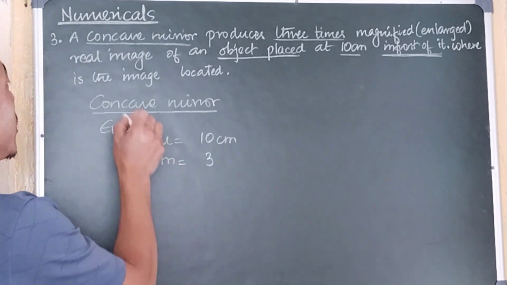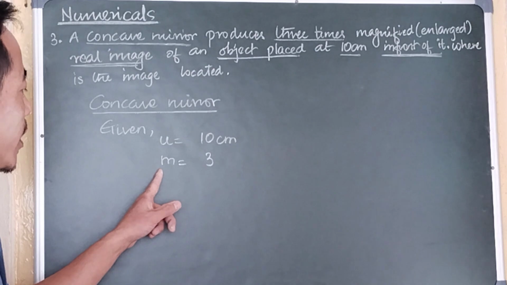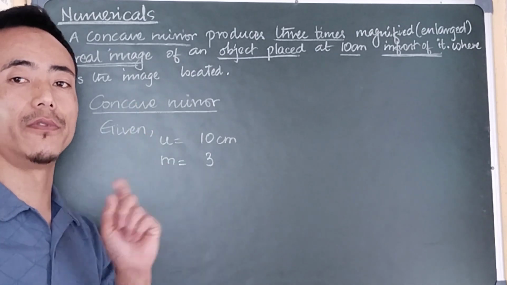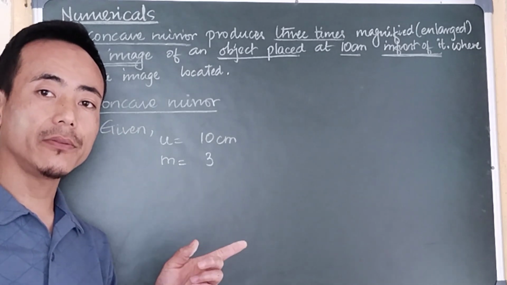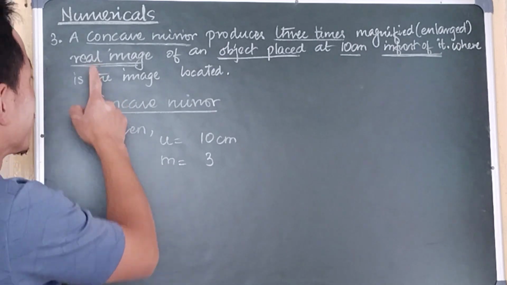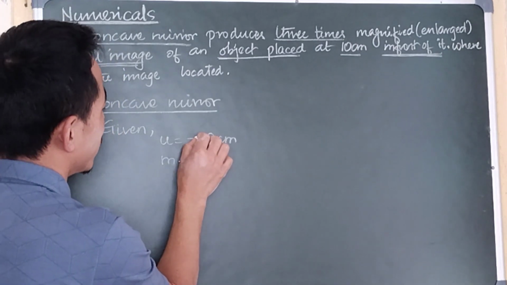And you have to also see that the image formed is a real image. For magnification, the sign convention depends on whether the image is real or virtual. If the image is real, the sign will be negative. If it is virtual, then it will be positive. Here the image formed is real, so magnification will be negative. Object distance is always negative.